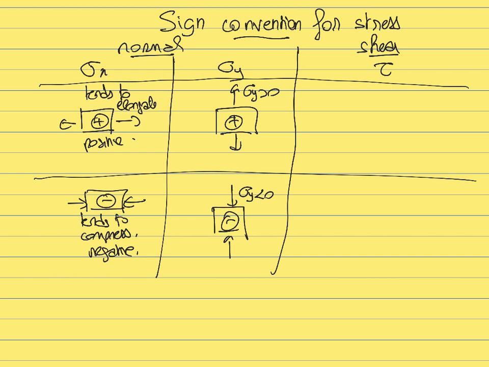So for normal stress, a positive versus a negative normal stress has a different physical meaning, but for the shear stress, the sign doesn't have a clear physical meaning. But still, we need to agree on the sign so that we have the same convention, we speak the same language, and we can compare our results meaningfully.